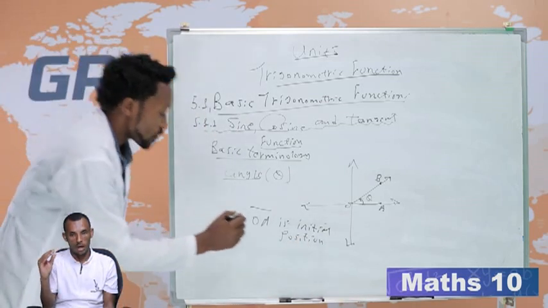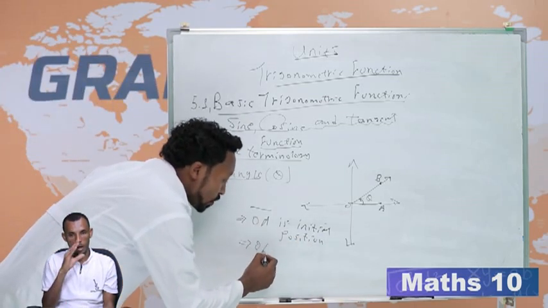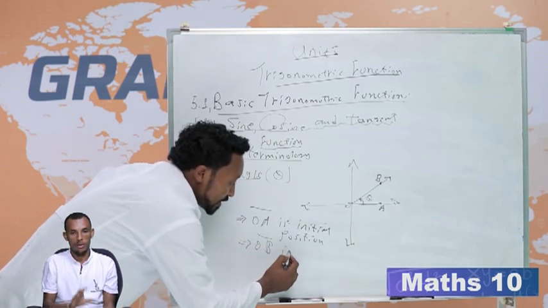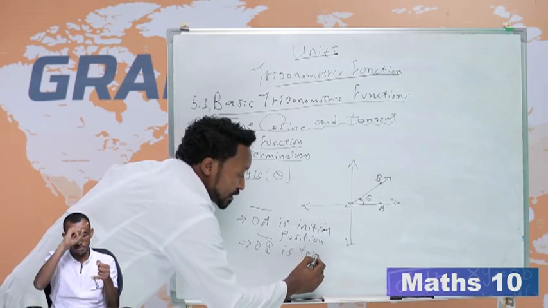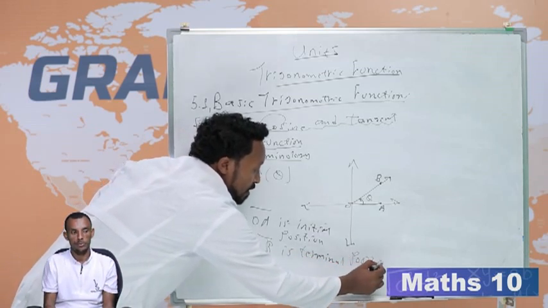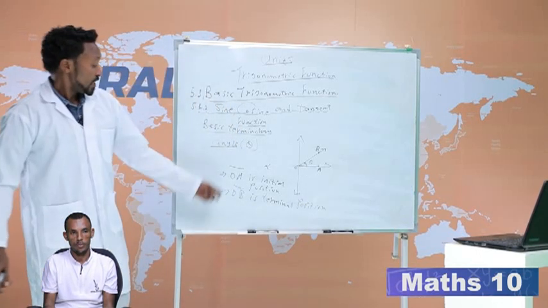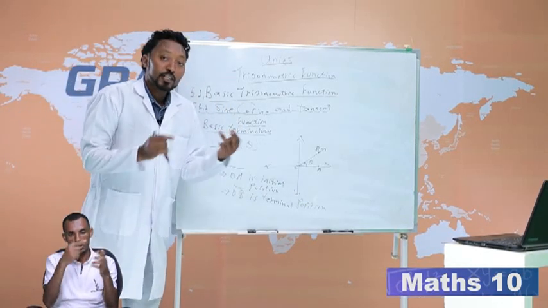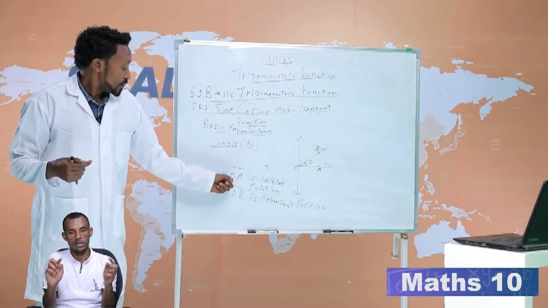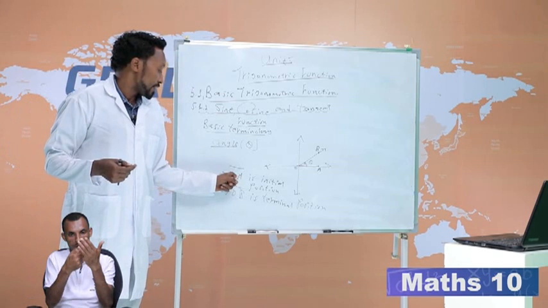And OB is the terminal position. Therefore, this angle has an initial position and a terminal position. The initial position of this angle theta is OA.